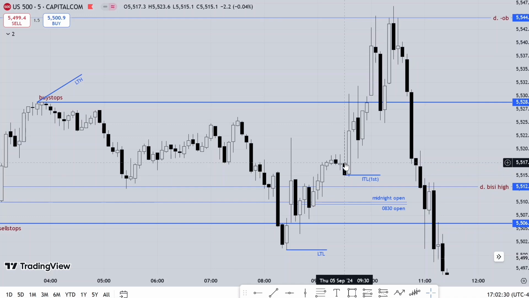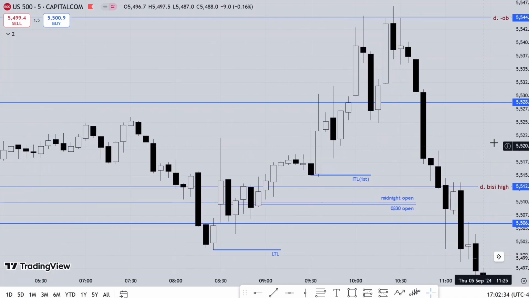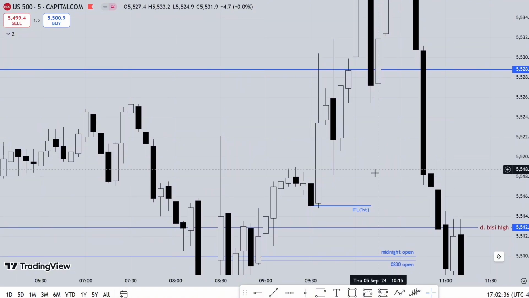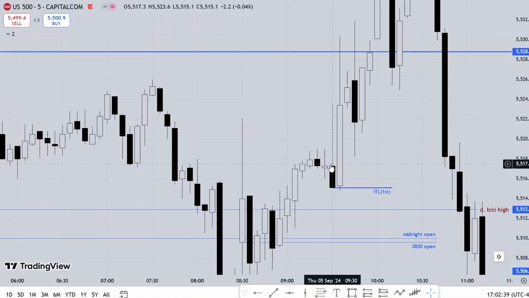Now it leaves this order block, and if you zoom in to this order block, you will see that this down close candle left this long wick. When a candle leaves a long wick like this, you are interested in the low of the wick and the high of the wick.